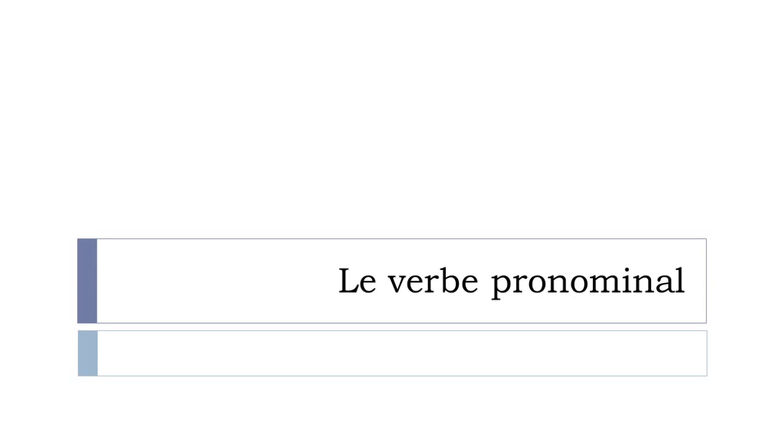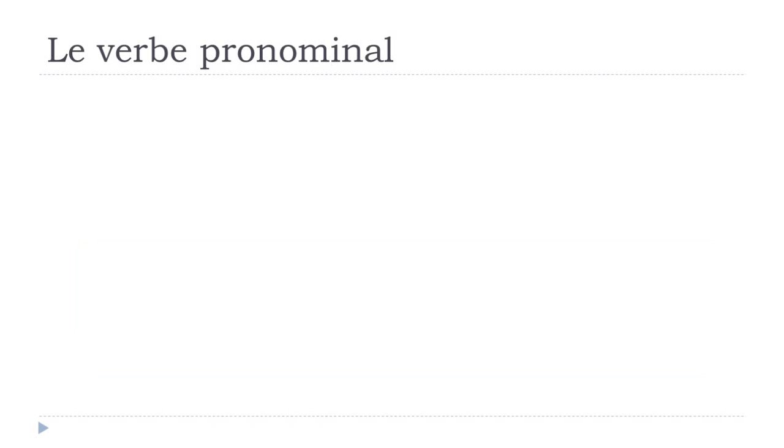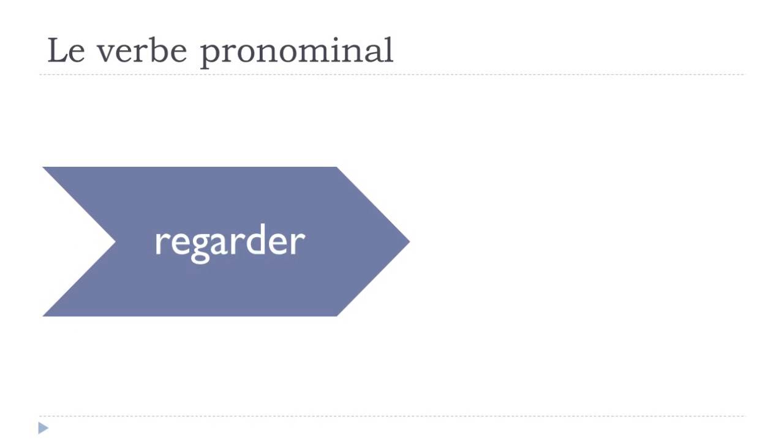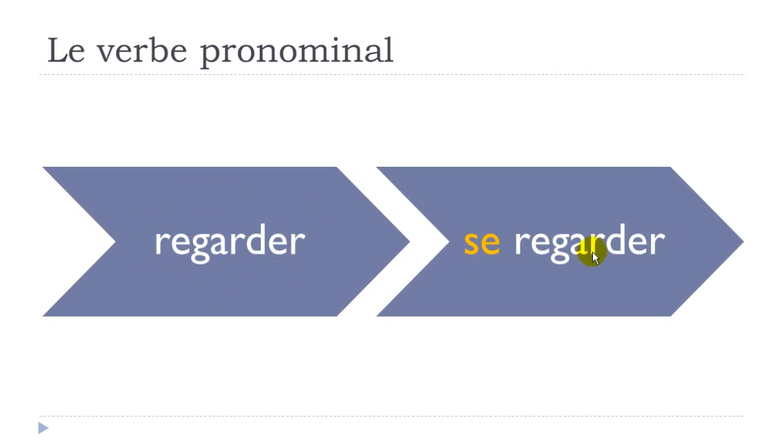Le verbe pronominal. So, what is le verbe pronominal? First we'll take an example. Regarder, to look, to watch. And then se regarder, in that case it would be to look at oneself. That's the important thing about this verb pronominal.